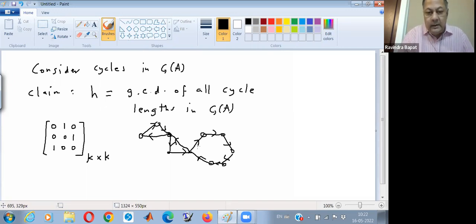Their GCD is 3, and so this will have index 3. So it will have 3 eigenvalues of modulus equal to the spectral radius. So the GCD of all cycle lengths is the index. So this is the fully graph theoretic definition.